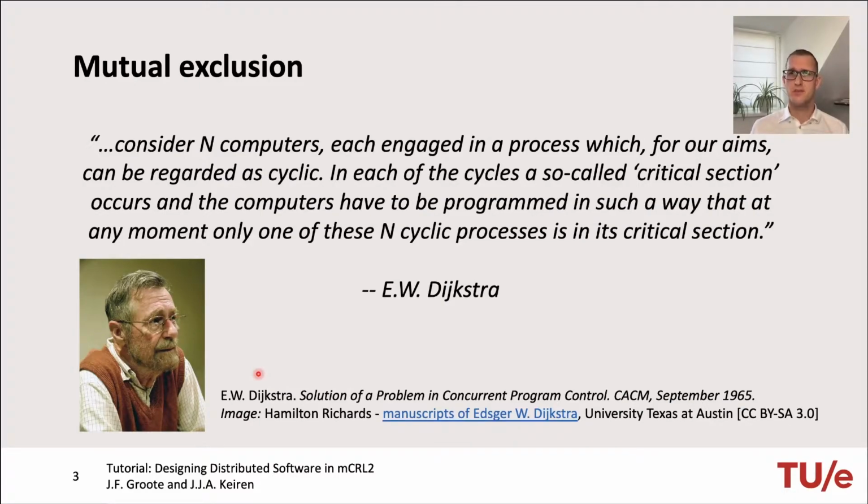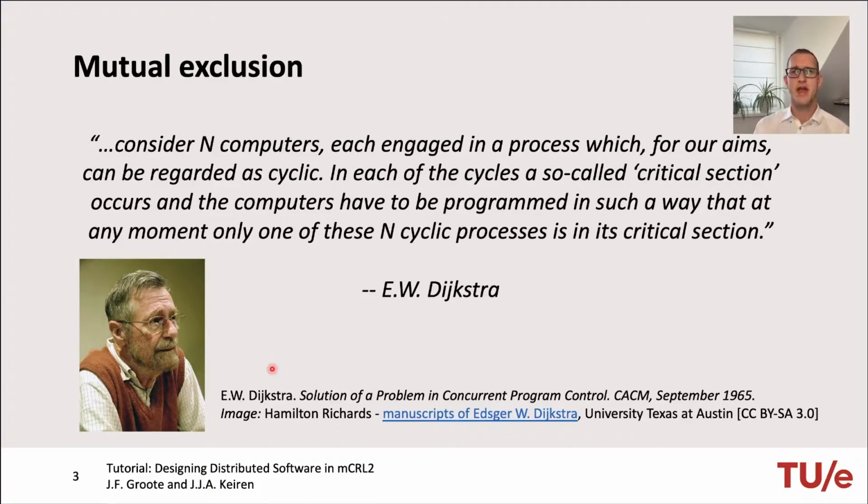So let's first remember what mutual exclusion is. In mutual exclusion, a number of processes are using a shared resource in such a way that only one process can use the shared resource at the same time. For this purpose, we say that a process only uses the shared resource when it is in its critical section.